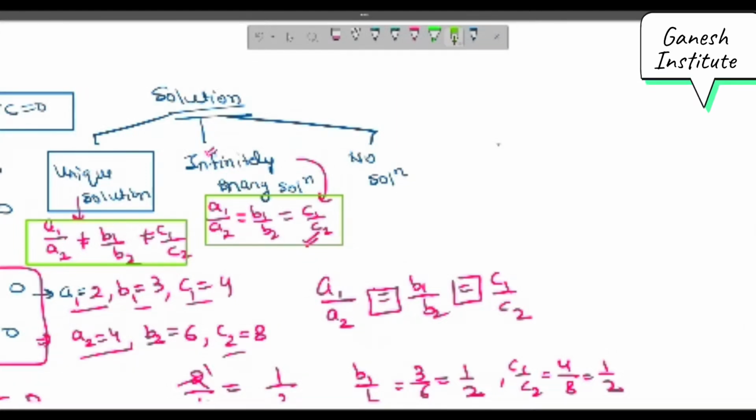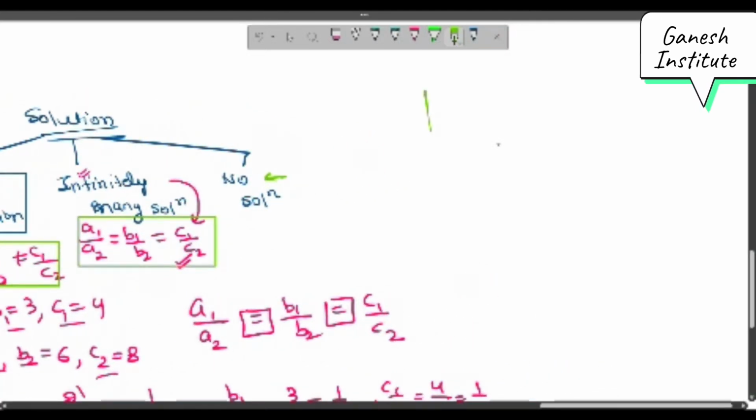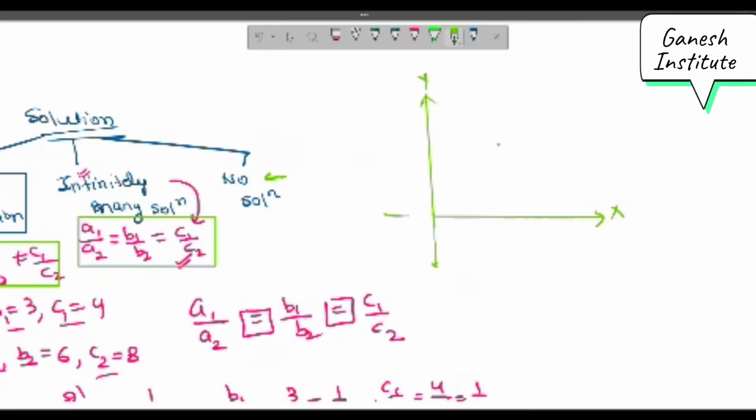Sure. When it is no solution, if I have to understand this graphically, see, if I make a graph, I have x axis, I have y axis. I could have the negative part also, that is fine, and the origin. So if I have two equations, linear equations always give a straight line. Let's say these are two equations. Can you see there is a point of intersection?